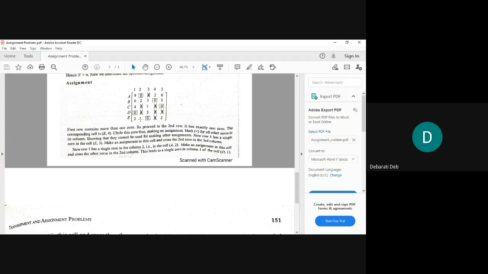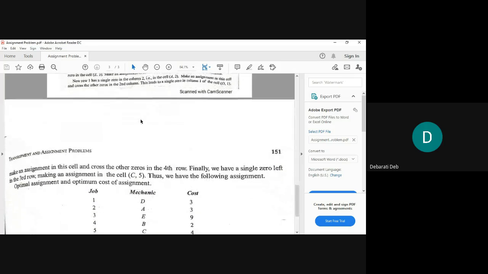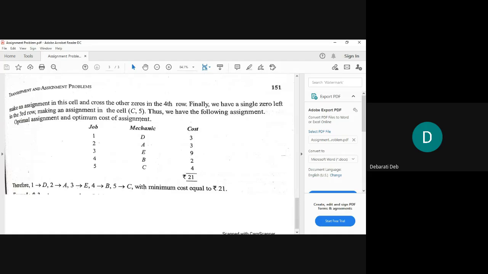So don't write all the steps. This has been done for your understanding. From the next sum itself, you will not see this paragraph. So after drawing the circles, you will write this line: Optimal assignment and optimum cost of assignment are as follows.